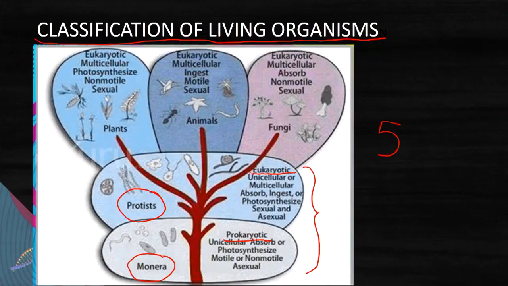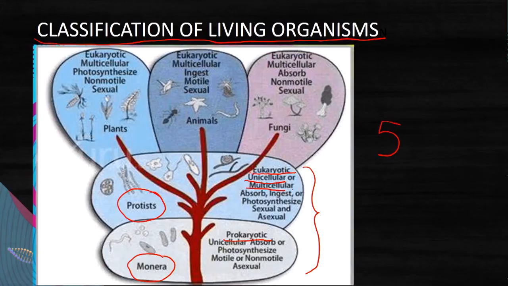However, most of them are unicellular, and those that are multicellular just live together and don't share any of the tasks of life. So even though they're termed multicellular, they're actually a simple version of multicellular.